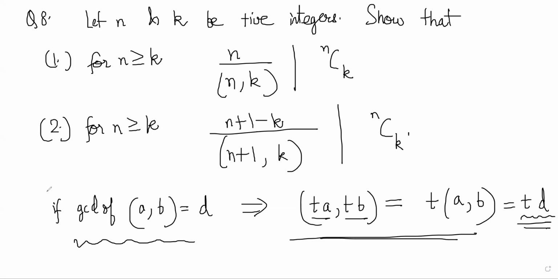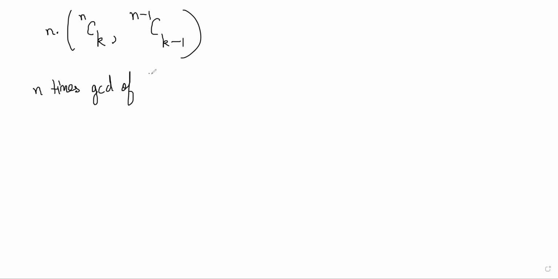So let's start off by saying we are going to calculate n times the GCD of C(n,k) and C(n−1,k−1).